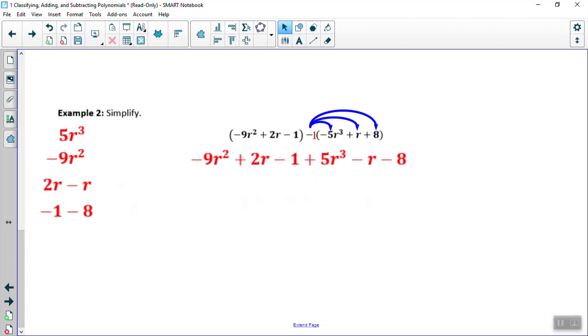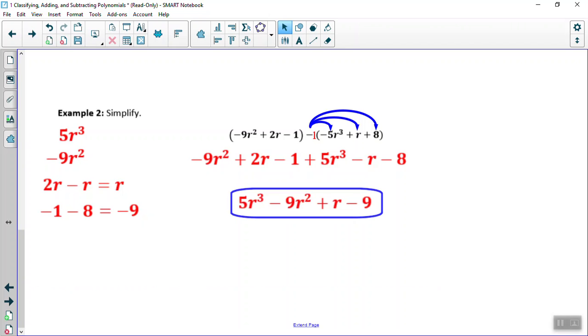But this one I can combine together. So 2r minus r is going to just give me r. Negative 1 minus 8 is going to give me a negative 9. Now I have my terms all in order. 5r cubed minus 9r squared plus r minus 9.